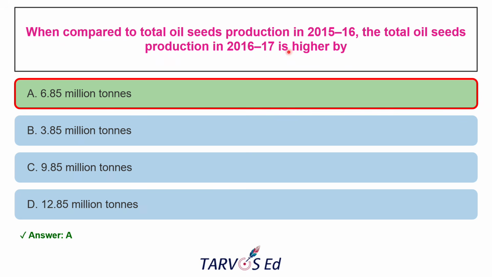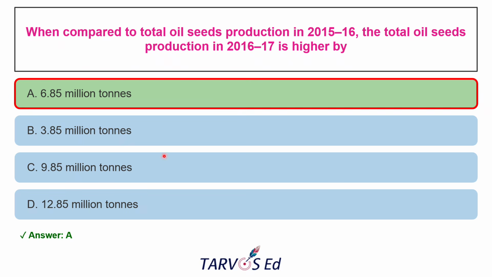So the difference is 6.85 million tons. So this many tons were higher than the last year. Because 2016-17 was a good monsoon year after two drought years, right? The major jump came from soybean and groundnut production.